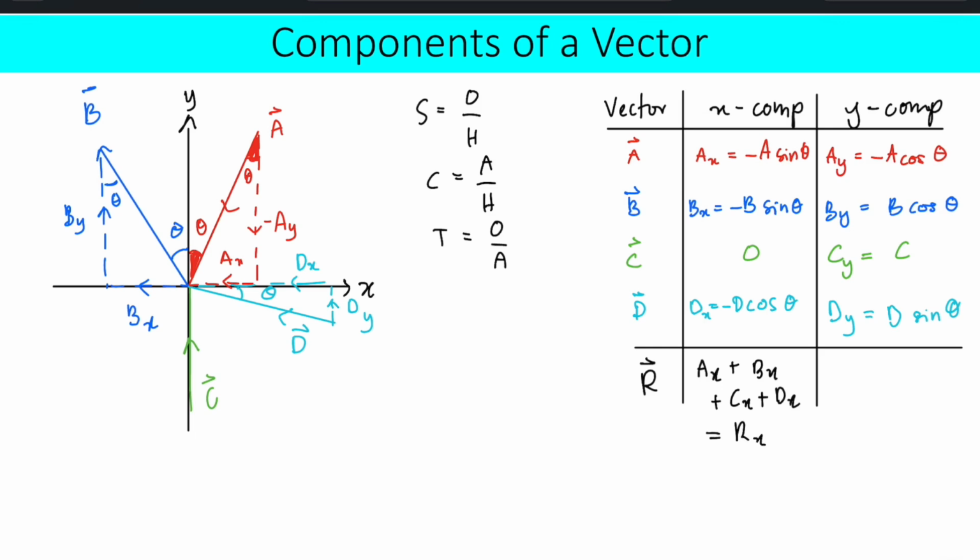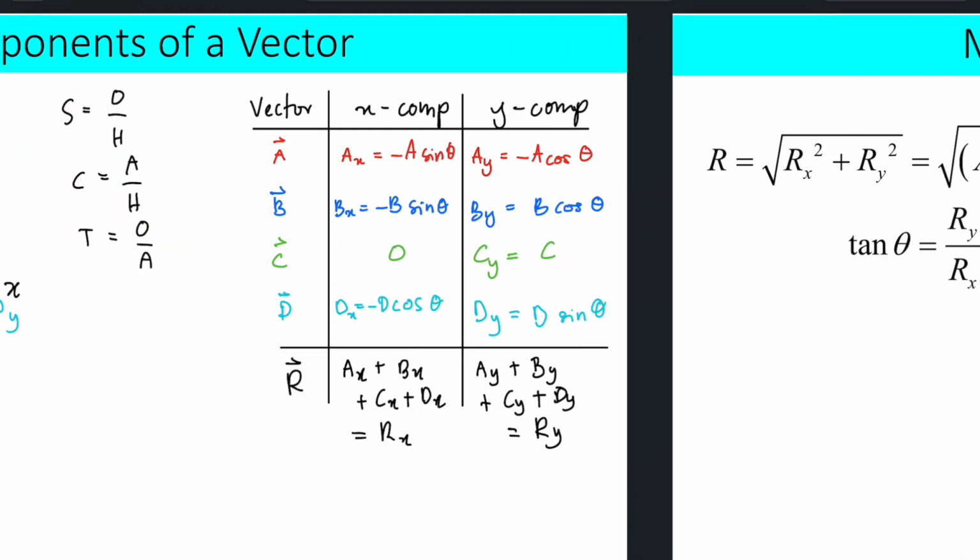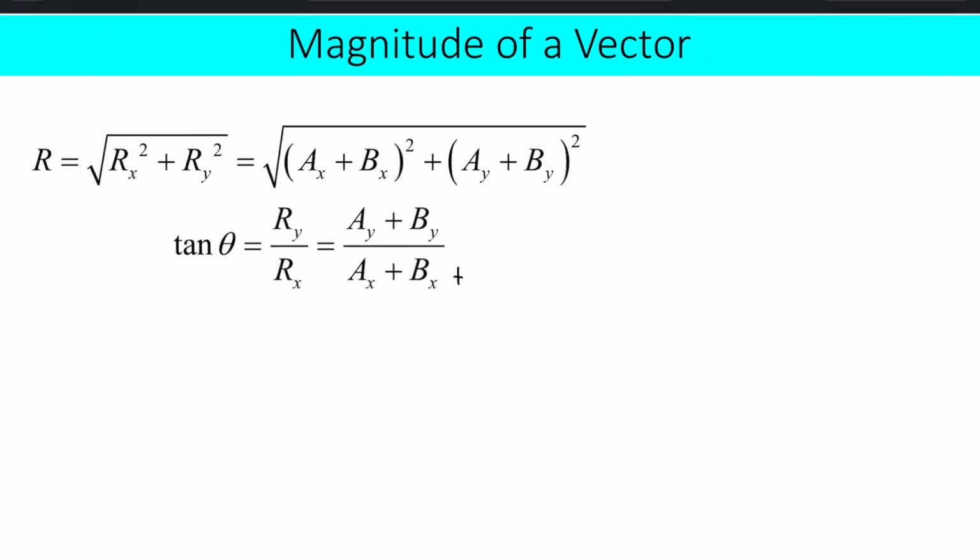This will give us the Rx. For the y component, we are going to do the same. We are going to total up Ay plus By plus Cy plus Dy. This gives us the Ry. This is in terms of components. We have not finished yet.